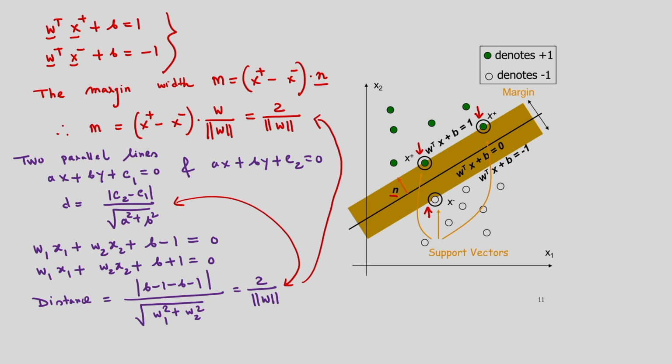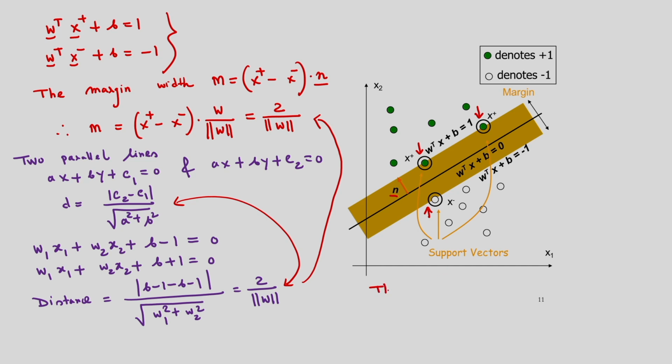So you can see the width of the margin is 2 divided by w norm, and in this figure I have already shown the support vectors. So that means the points which lie on the canonical hyperplane are called the support vectors. So what is the support vector?